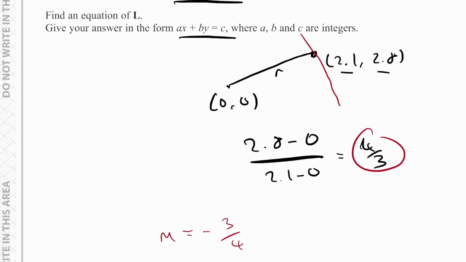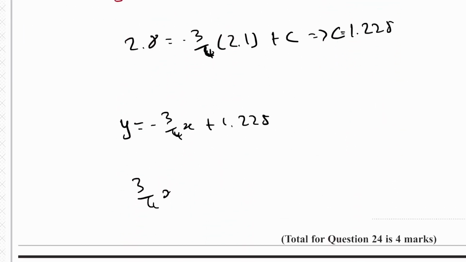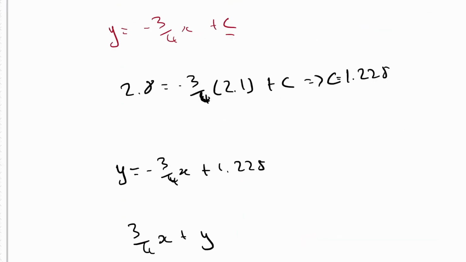And so this would become 3/4 x plus y equals 1.225. And we did make a small mistake over here, that your c over here is not 1.225, and you should get a c of 4.375. And that's to do with the negative over here. Okay, great. So then over here, you can just replace this with 4.375.